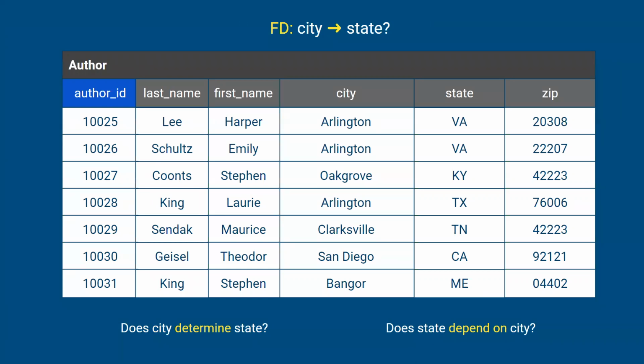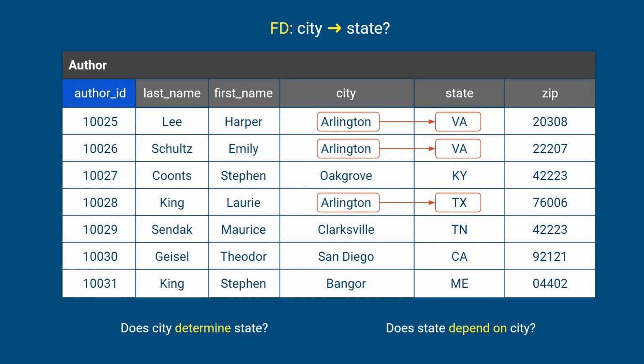Does city determine state? If you know the city, do you know the state? No. You're saying no so fast, are you sure? Yes, there are multiple cities named, fill in the blank, Arlington. So we've got a couple of folks from Arlington, Virginia, but we also have an Arlington, Texas. Now, do we have any cities where not just the name of the city, but a single city is in two states?